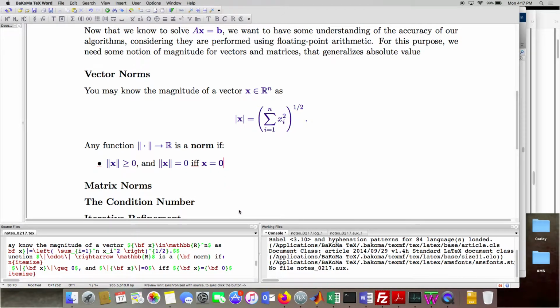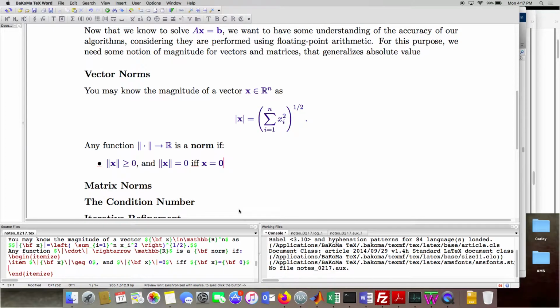Otherwise, it'll be strictly positive. And this goes for complex vectors too. Again, it's going to be a non-negative real number, even if the vector itself is complex. Okay, so that's one condition.